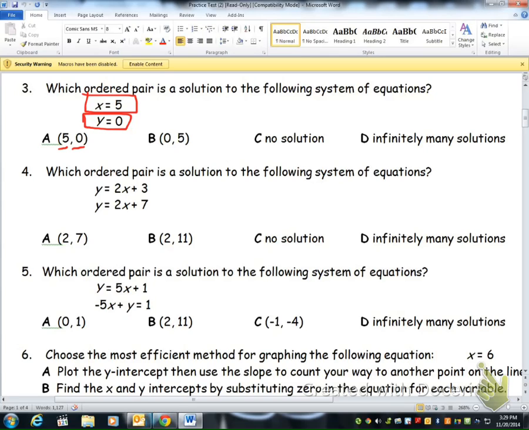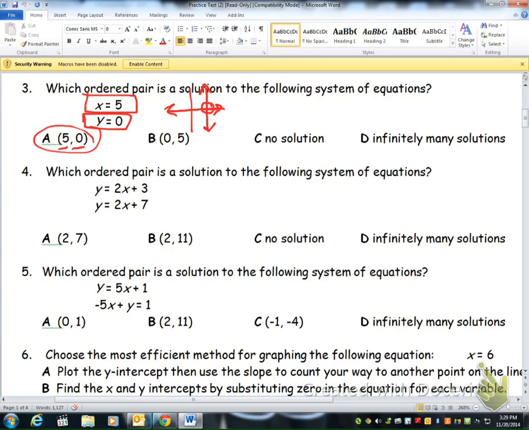If you thought about it graphically, the line x equals 5 is 5 units to the right of the y-axis, and the line y equals 0 is the x-axis, so the point where the two meet is where your x value is 5 and your y value is 0, thus (5, 0).